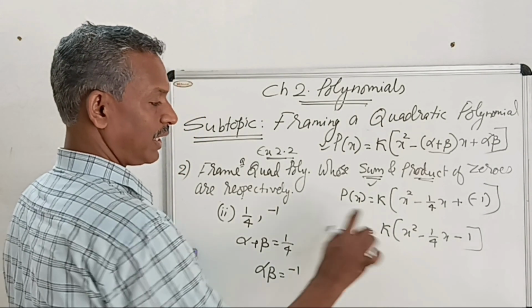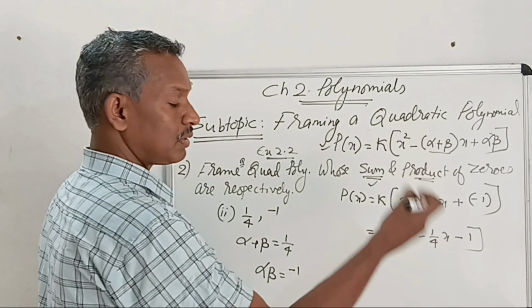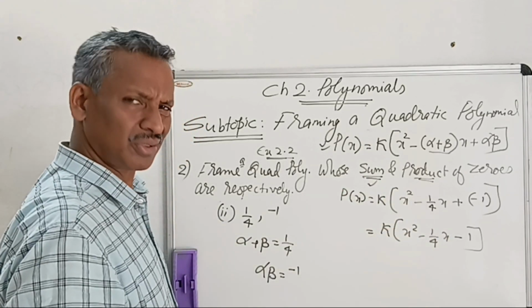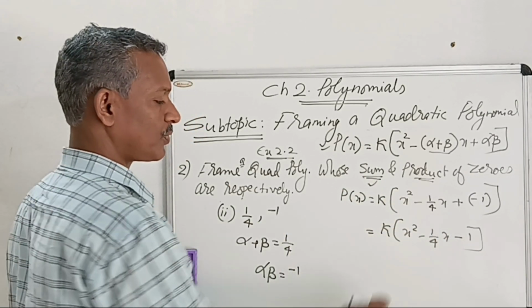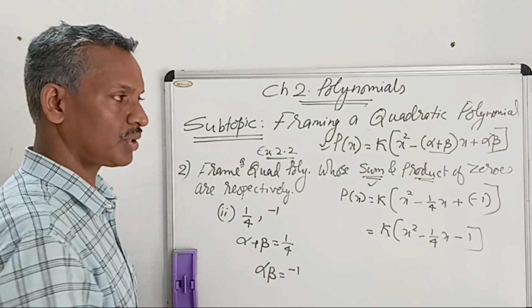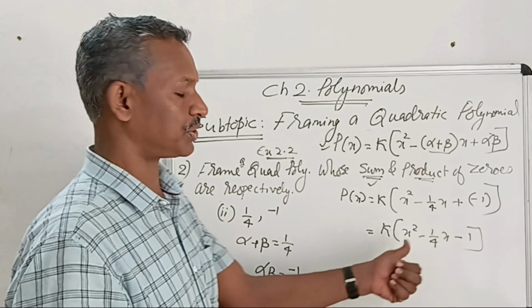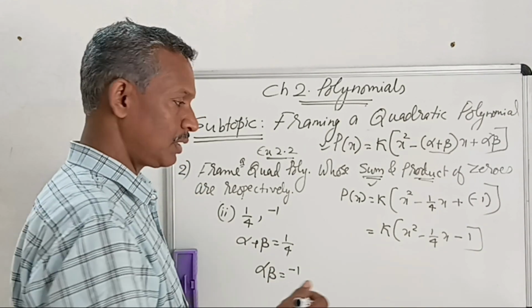Okay, you can take k is 1, then you will get a quadratic polynomial, but there is a fractional coefficient. Still it is fine, there is nothing wrong. You can keep the fractional coefficient also by taking k is 1. But in the majority of cases we avoid the fractional coefficient. If there is any fractional coefficient we avoid it.